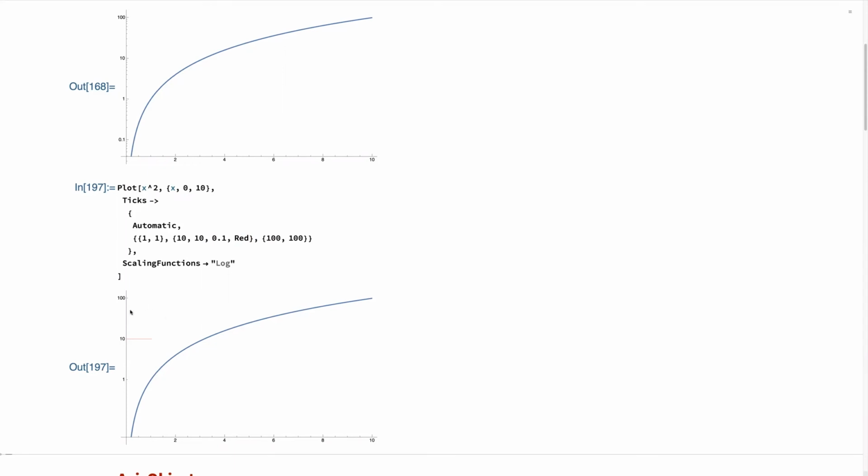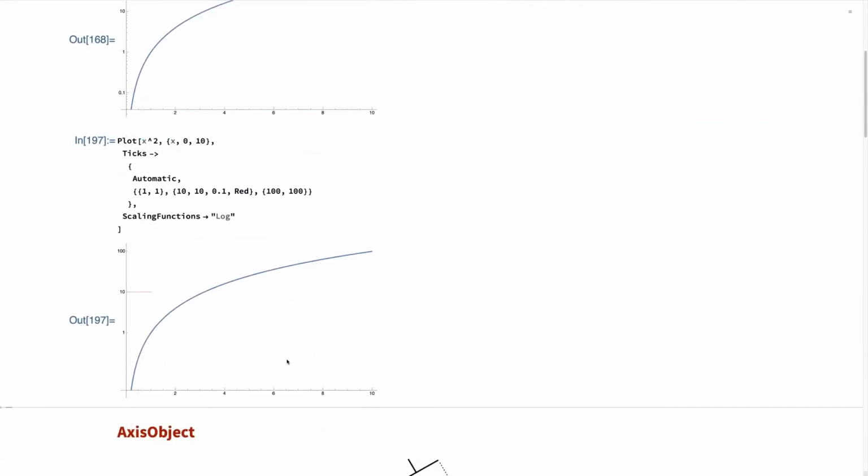I mean, granted, it gives you the ultimate power to control every detail in the ticks. But for most applications and most people, they don't really need this detailed control. And this is just one of the benefits of the axis object. Now it provides all the options, so you can just individually specify what you want to change.